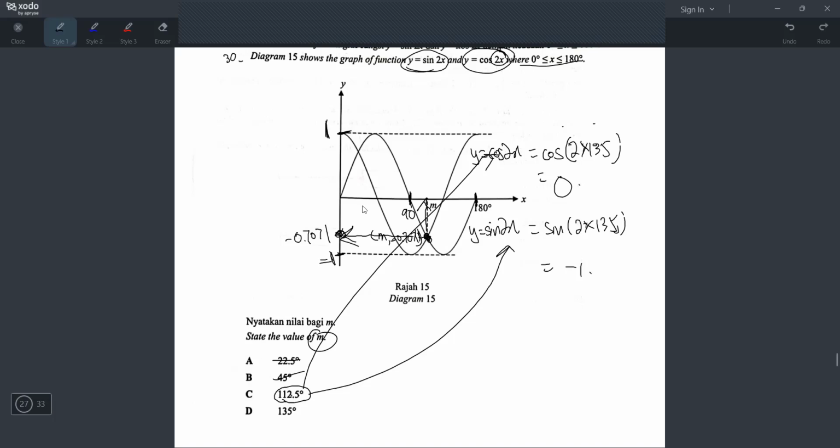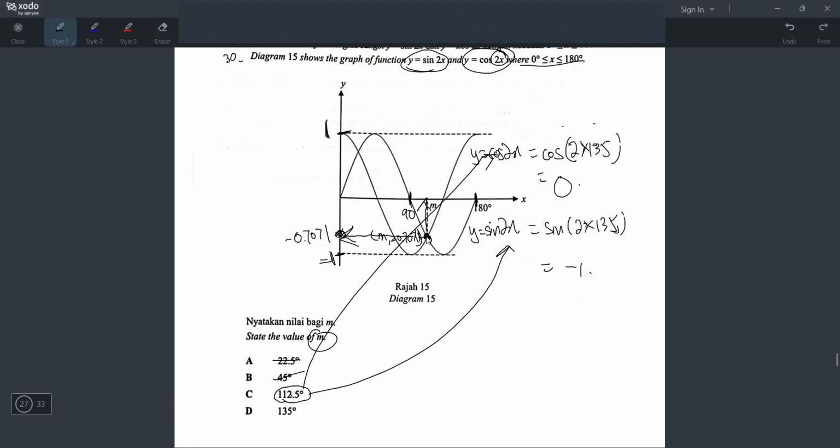Y coordinate 135. Okay, cos 2x. I'm finding this point, right? So let's say m is 135. It means the x coordinate is 135. So cos 2 times 135. I think I know already. Because when you change to 135, it means the x coordinate is 135, right?